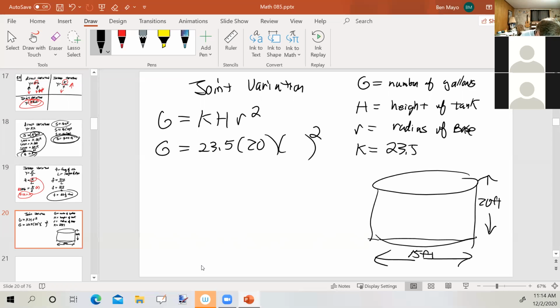Half of 15, so that's 7.5, but the radius is squared. So if I take 23.5 times 20 times 7.5 squared, I get 26,437.5, and that is gallons. So that's how many gallons it will hold. Okay.